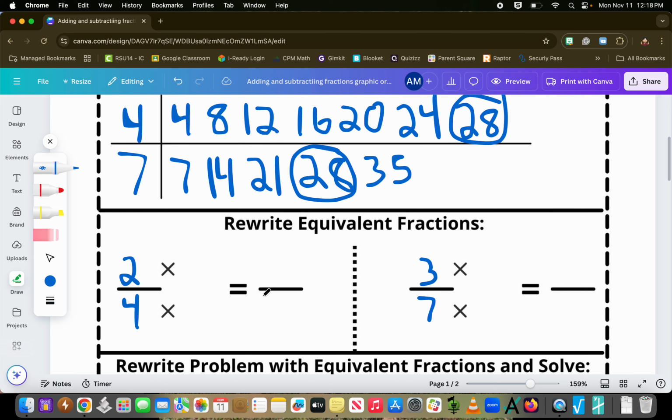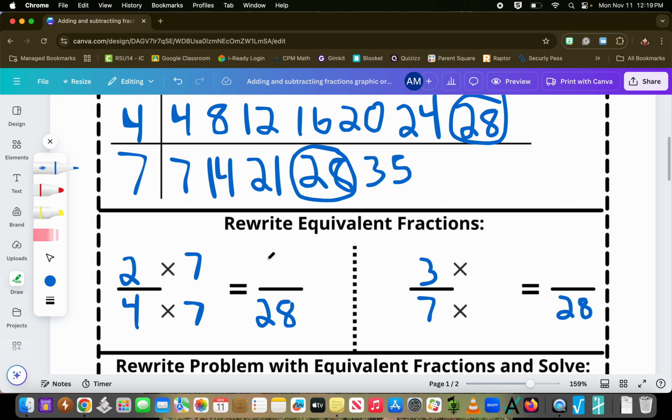What am I going to multiply to get this in the denominator here and this in the denominator over here? Well, if I start right here, I know that 4 times 7 is 28. So I need to multiply this by 7, which means if I multiply the bottom by 7, I have to multiply the top by 7.